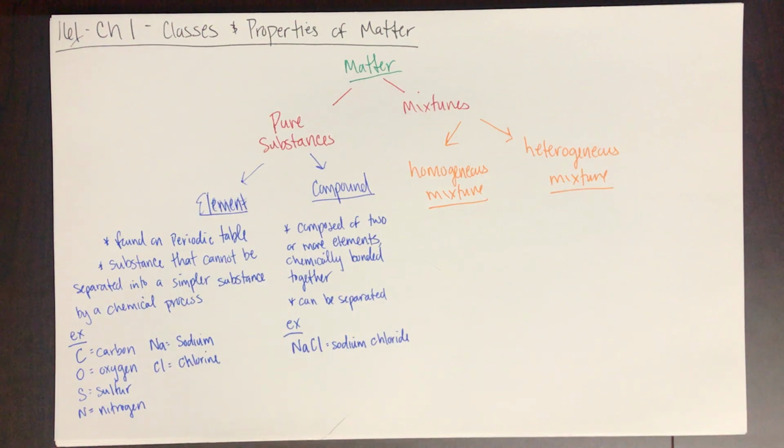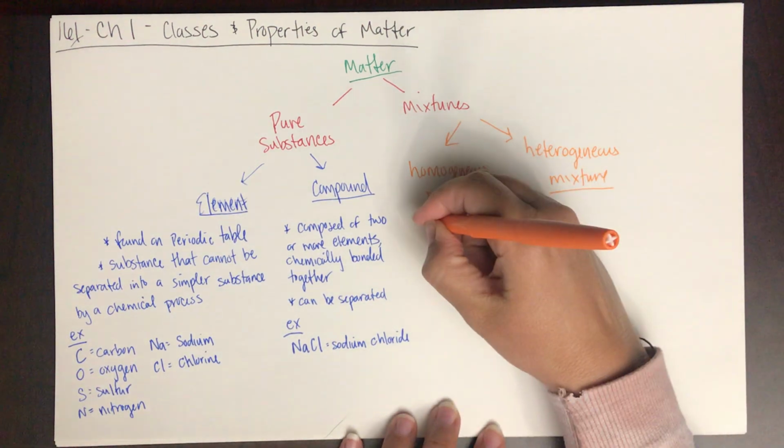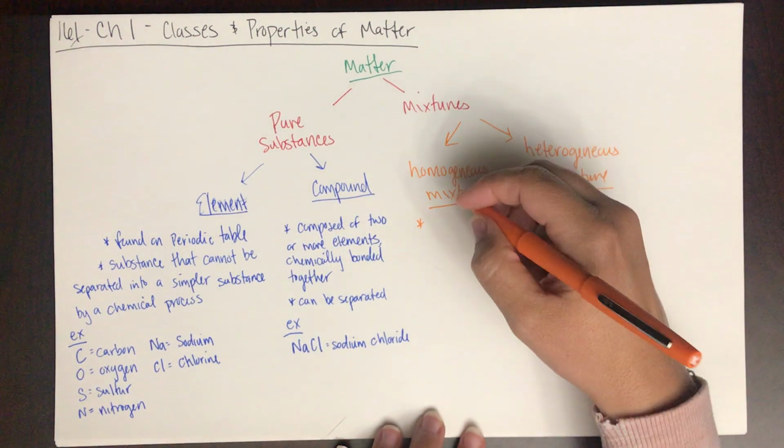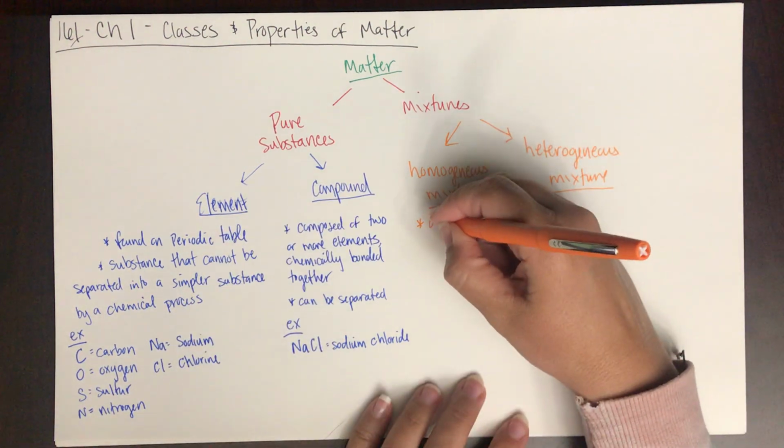Let's talk about the different types of mixtures. Mixtures are not pure substances. There are 2 types of mixtures. A homogeneous mixture, the best way to define it is that it's uniform.